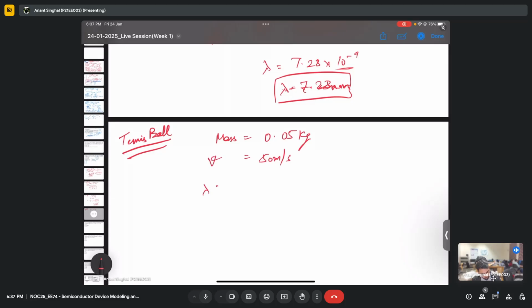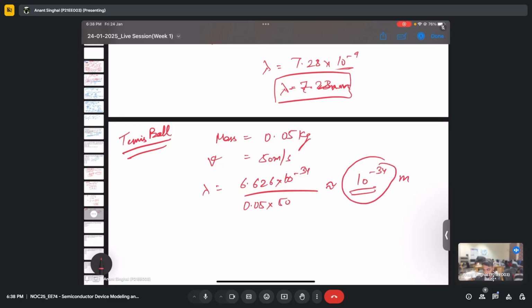Now try to calculate the wavelength. It will be h by mv. So h is 6.626 times 10 to the power minus 34, and we have 0.05 times 50. So that will come around in the order of 10 to the power minus 34 meter.